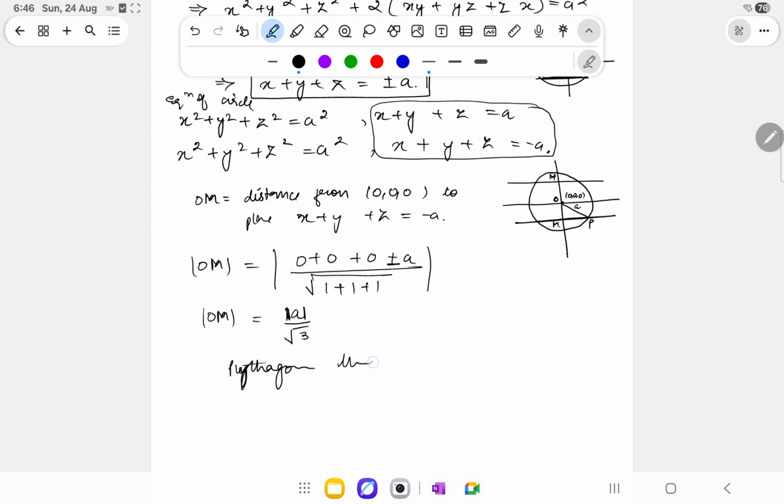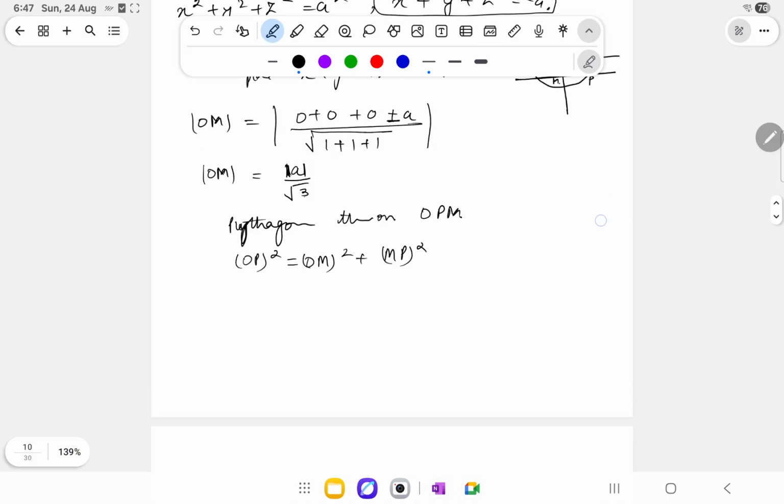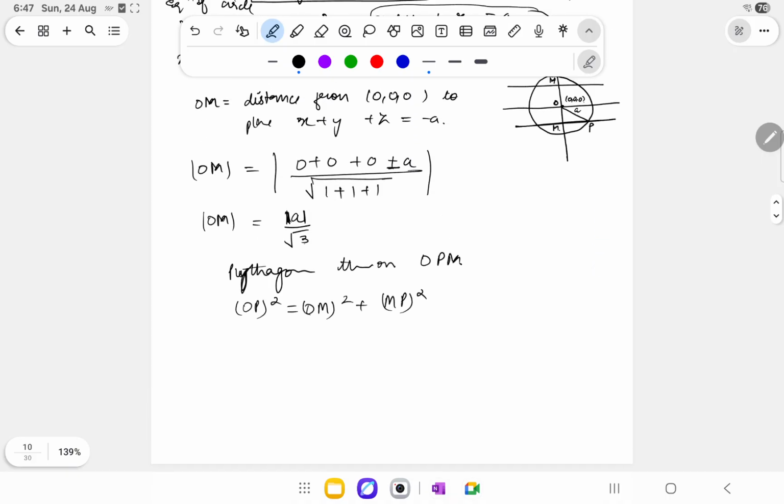Now I can use the Pythagoras theorem on triangle OPM. OP² = OM² + MP². I already know that OP is the radius of the sphere, so OP² is a², and OM is |a| by √3, squared.